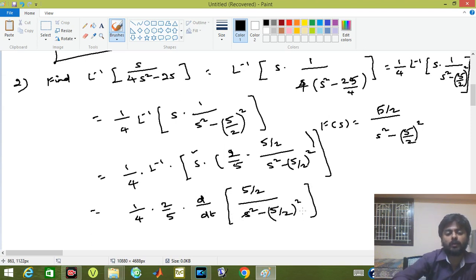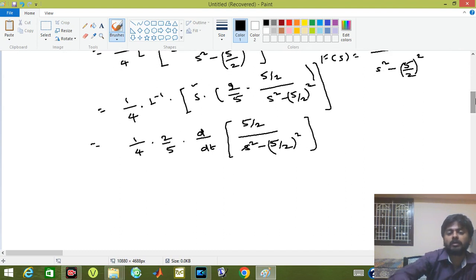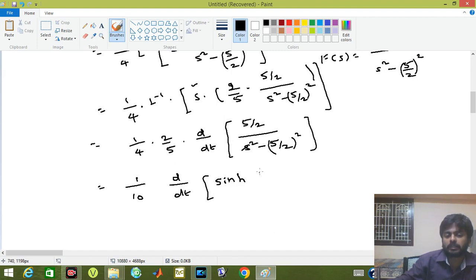So here you will have 1 by 10 d by dt of, this is a by s square minus a square, that is sin h a t. So you will have sin h 5 by 2 t.